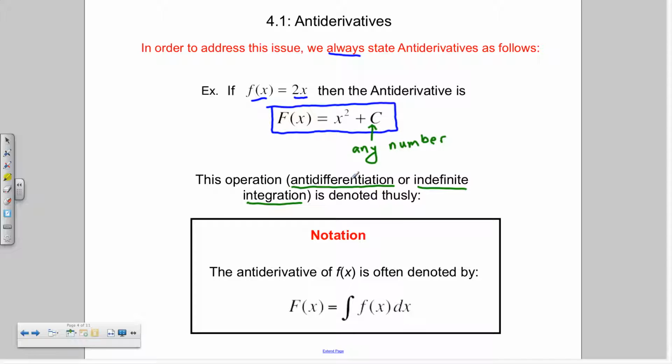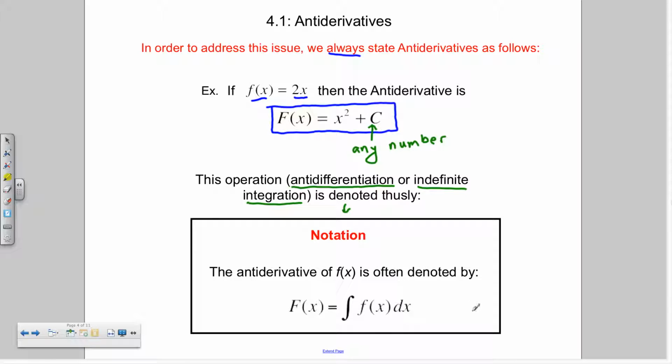So the antiderivative, otherwise known as an indefinite integral, is written like this down here. The antiderivative of little f of x is often denoted by big F of x equals, and then this is pronounced the integral of f of x dx, or the antiderivative of f of x dx.